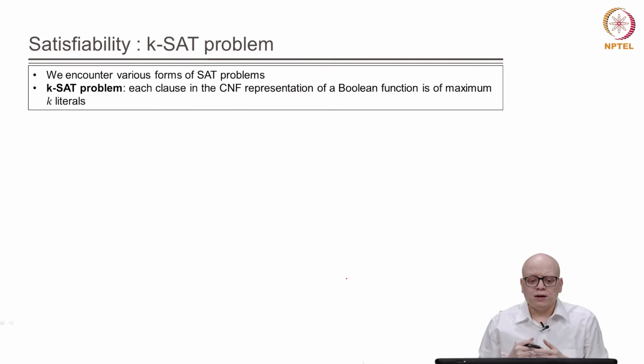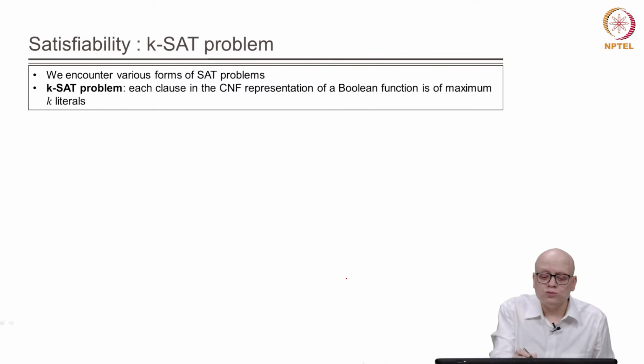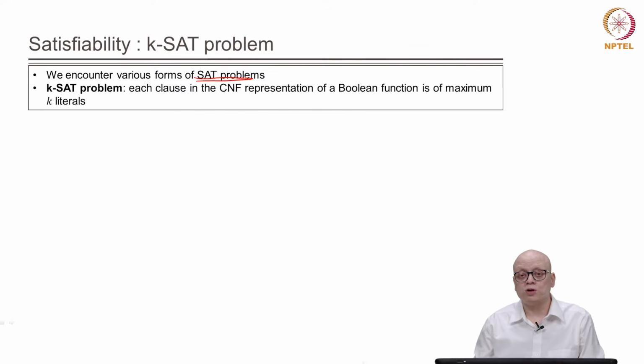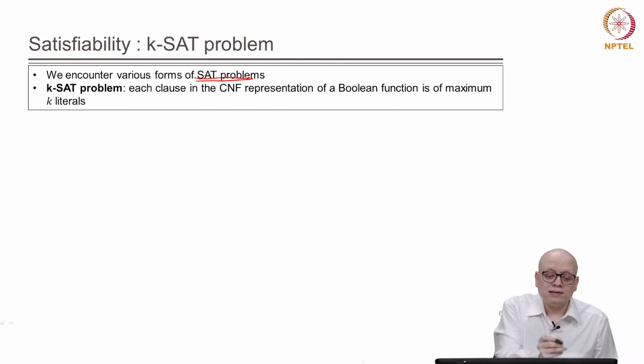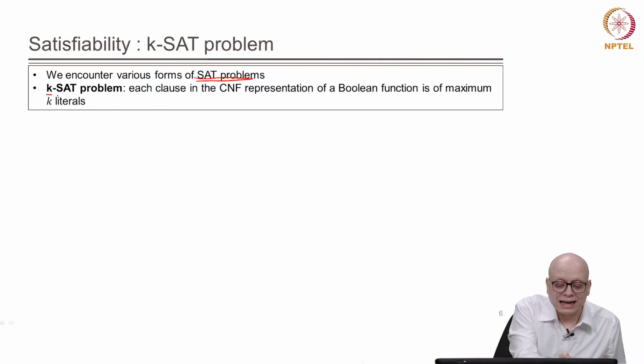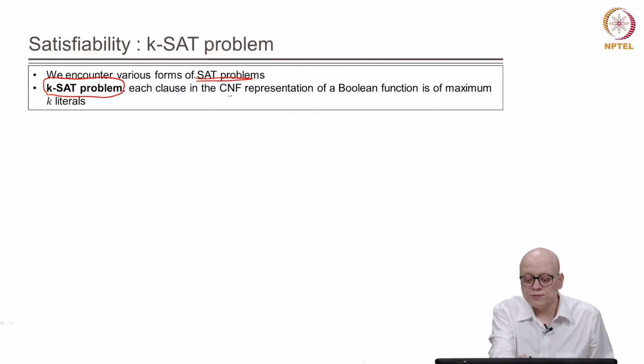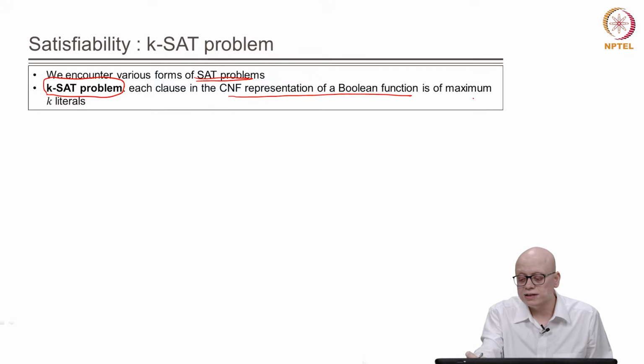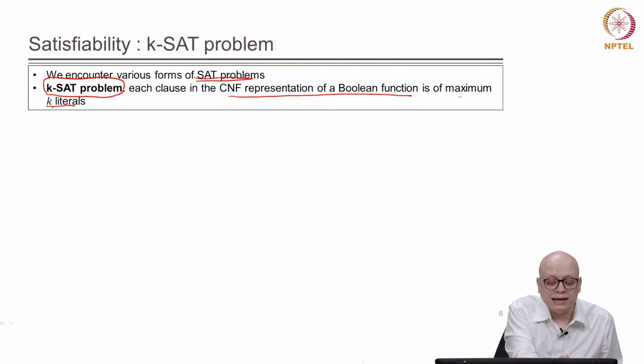Now, we encounter various forms of SAT problems. Different types of SAT problems are encountered in VLSI. A SAT problem is called a K-SAT problem if each clause in the CNF representation of a Boolean function has a maximum of k literals.